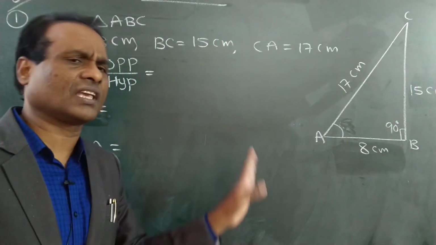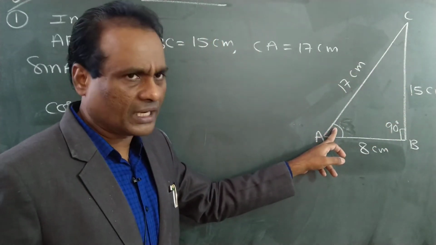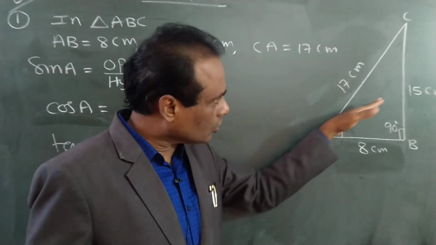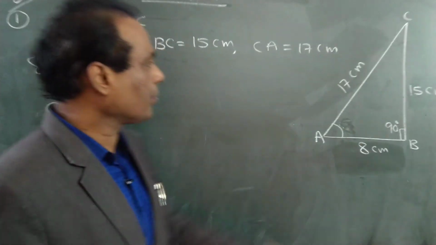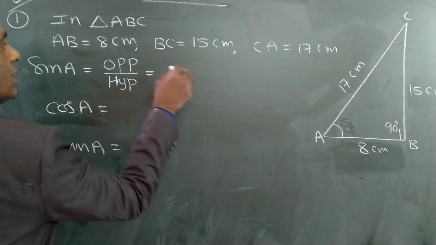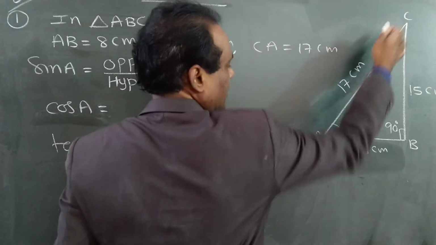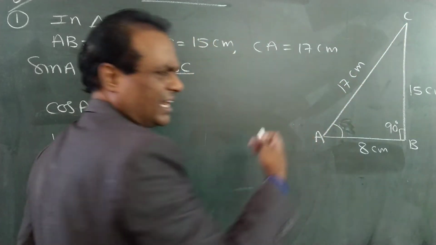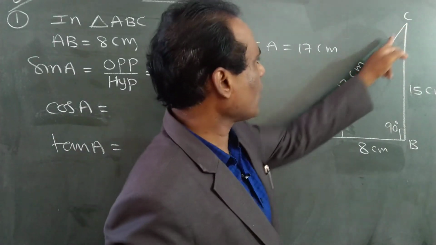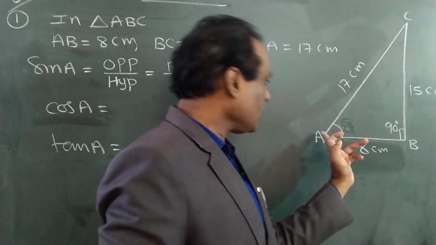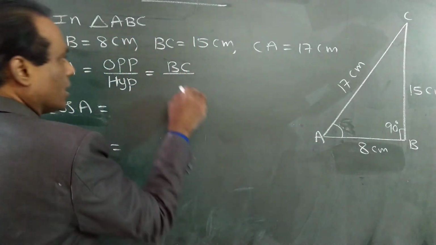But in most cases, this angle will be taken and the side opposite to it is the opposite side. So the opposite is BC. No confusion in the hypotenuse: AC or CA, anyway you can call it.